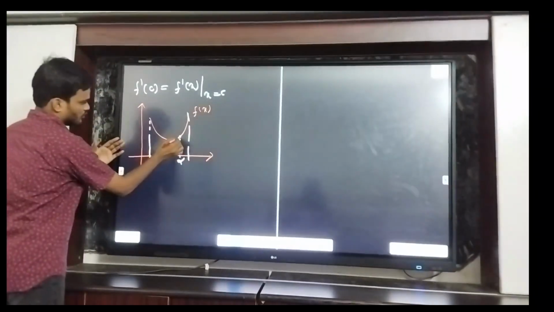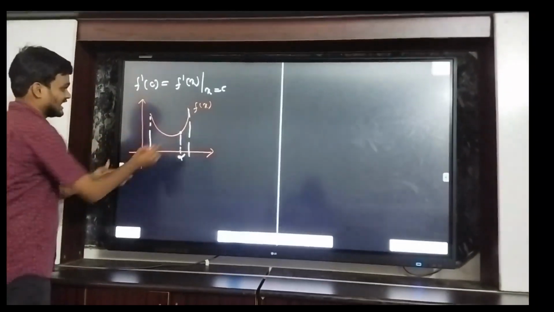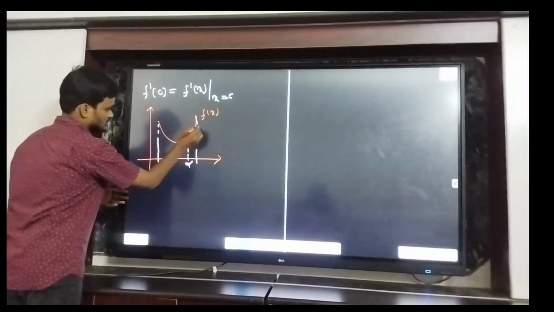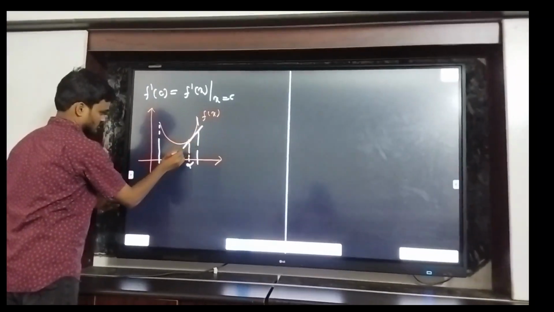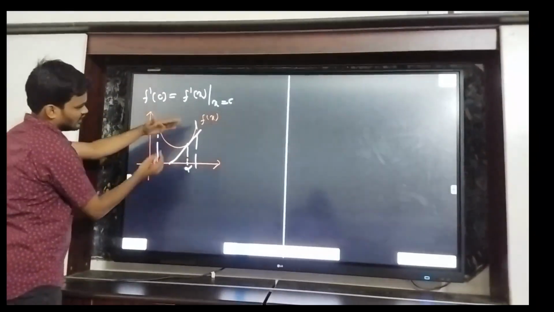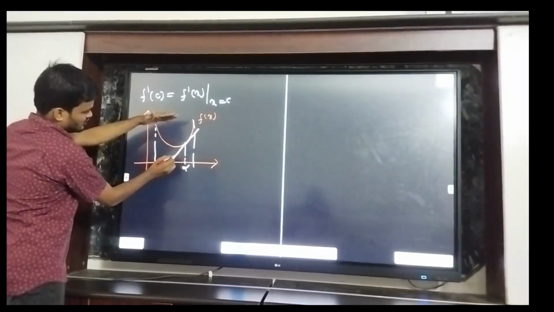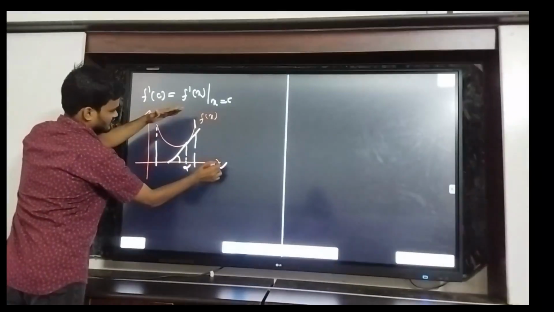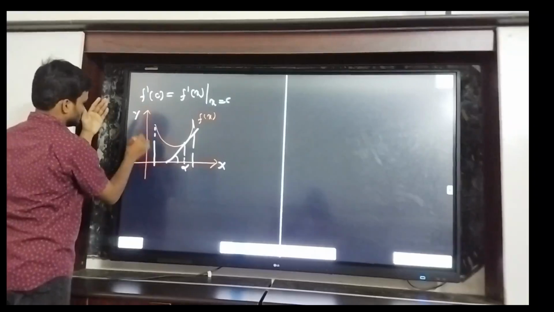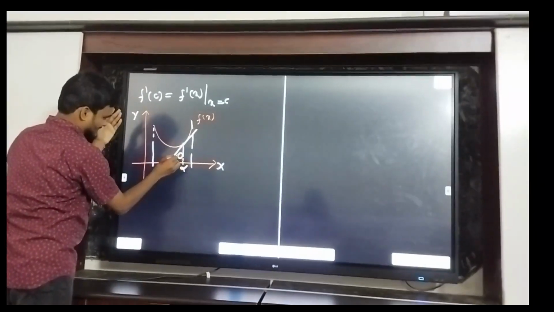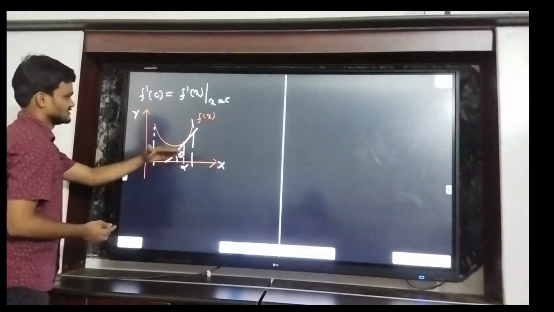If suppose we are plotting the tangent at point alpha, then how it looks like? This is your tangent. This is a tangent touching at exactly one point. Suppose it making the x-axis, this is y-axis, an angle theta with x-axis.